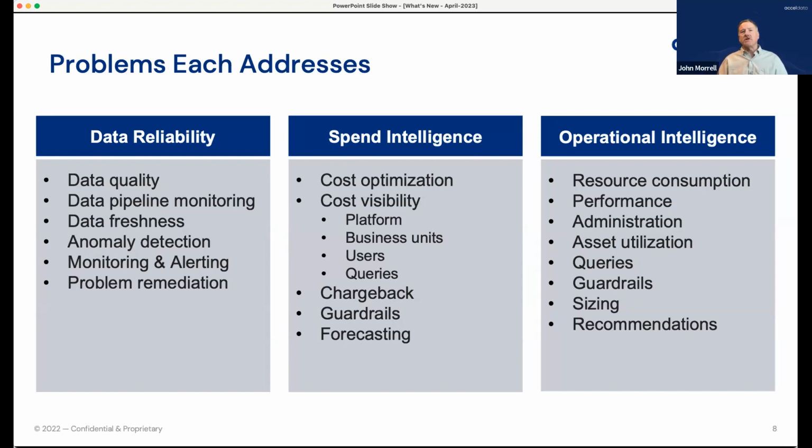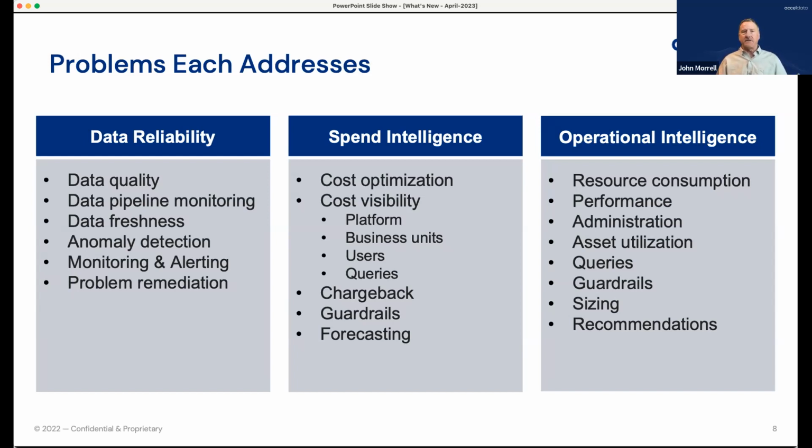Spend intelligence looks at the cost aspects of everything you're doing, whether that's optimizing your costs, or giving you visibility into costs at different aspects, costs within your platform or different aspects of your platform, costs within your various business entities, whether that's departments, users, different groups, your costs by particular user, your costs by various queries that are being run in the system.